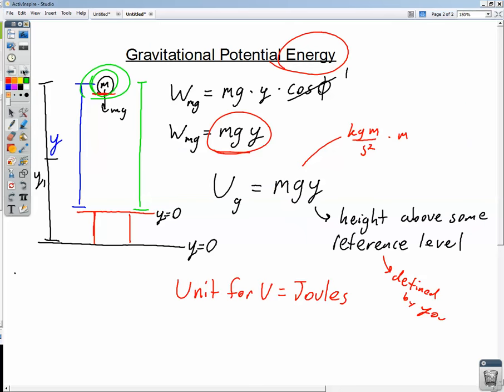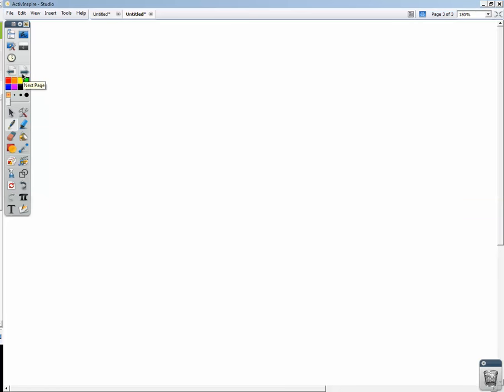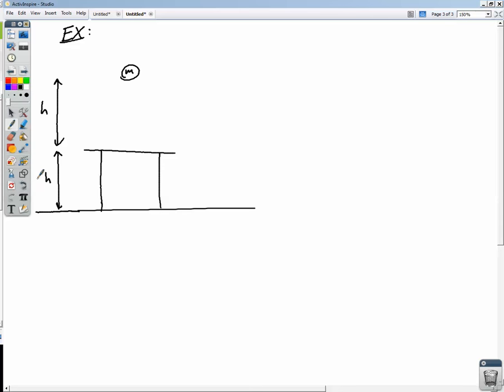Okay, so let's take a look at a couple examples here. The first one we'll talk about is gravitational potential and what the change in gravitational potential is. And we're going to see that our choosing of a reference level doesn't affect the outcome of finding the change in gravitational potential. So same situation as last time. We've got a ball that is now a certain height h above the table.